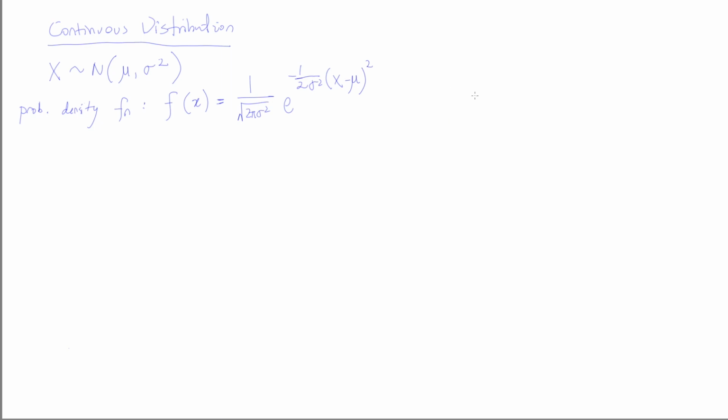Okay, so what is this thing? Well, basically it's just a bell-shaped curve. It's my best bell shape. It's centered at the mean, and the variance gives us an idea of the spread. So this could be mu plus sigma, mu minus sigma, mu plus 2 sigma, mu minus 2 sigma.